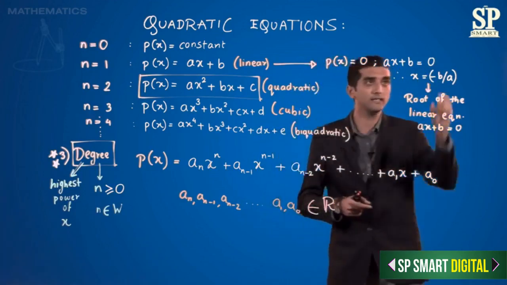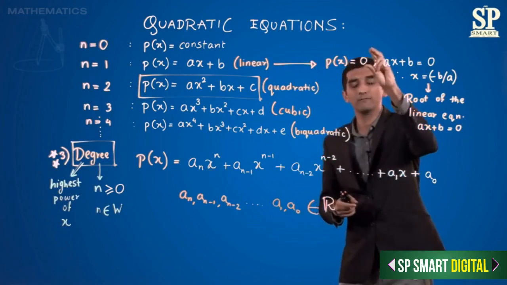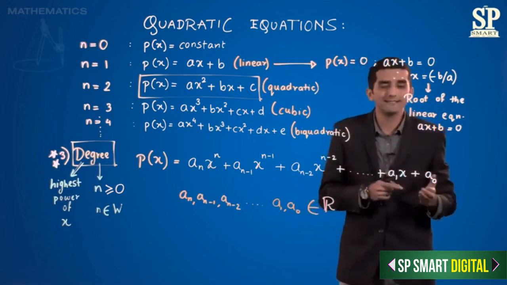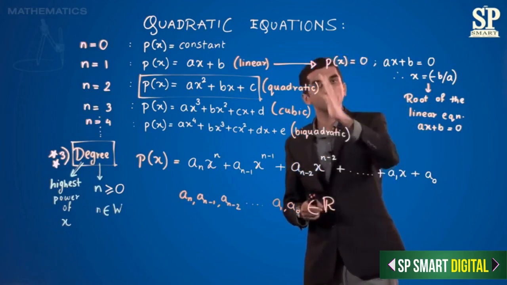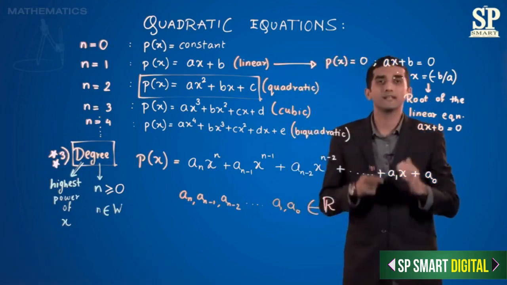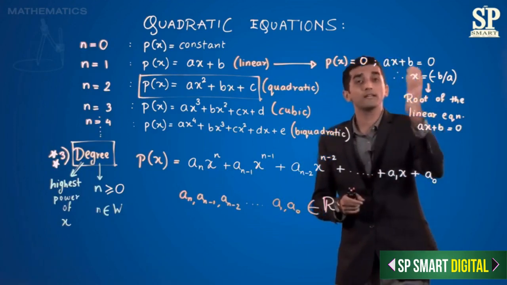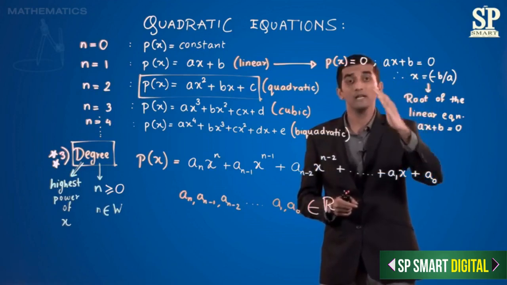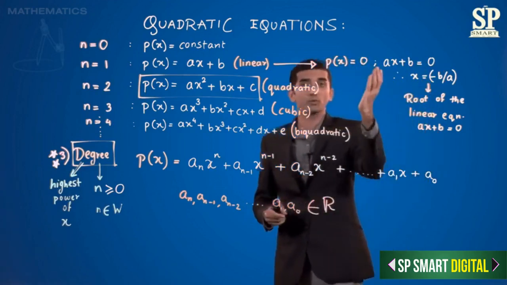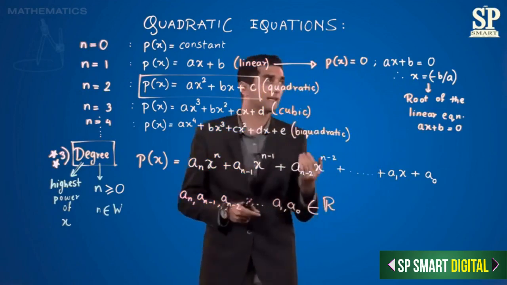So try and understand this, equating a polynomial with any value need not necessarily be 0. It can be any particular constant. That constant goes on the left hand side and again makes the right hand side 0, making the equation look like this: ax plus b is equal to 0. Naturally the value of b will change once we have a non-zero value on the right hand side.